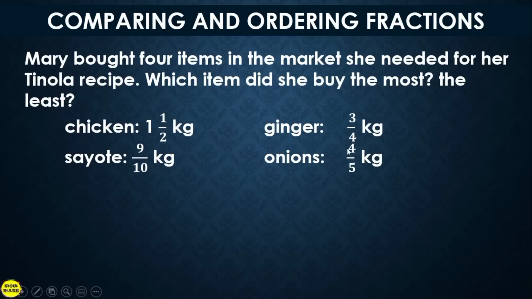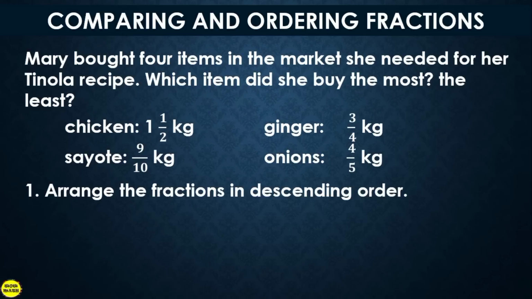Ginger, 3/4 kilogram. Onions, 4/5 kilogram. Okay, so ibig sabihin, kukunin natin kung alin sa apat na binili niya ang pinakamabigat or pinakamarami, at yung mababa lang ang timbang at pinakakonti.